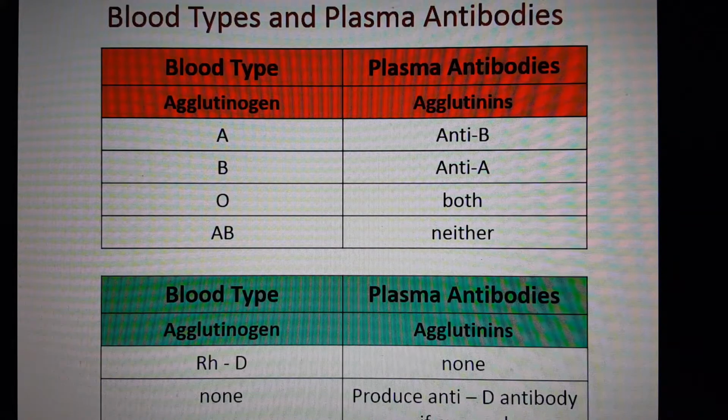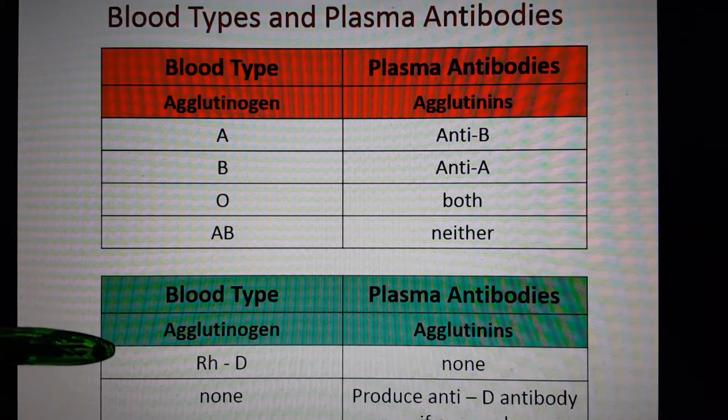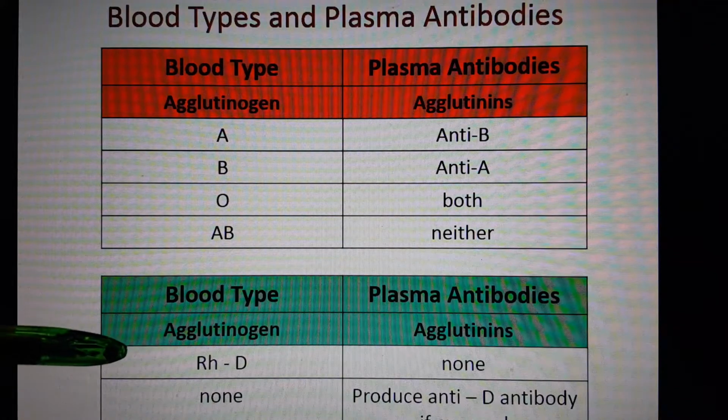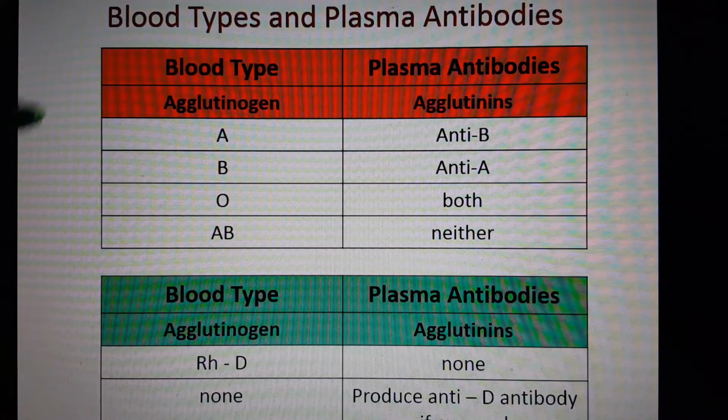If you have this agglutinogen, you're considered positive for it. Someone with a blood type that also has the RHD agglutinogen is considered A positive. If they do not have that agglutinogen, then they're considered A negative. And this goes for all of your 4 blood types.